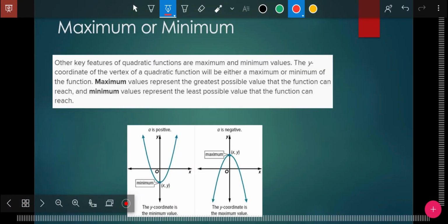If it opens up or if it opens down, it either is going to have a maximum or minimum. So if it opens up, then the vertex is at the bottom of the valley, or the change of direction is at the bottom. And so that is a minimum value.